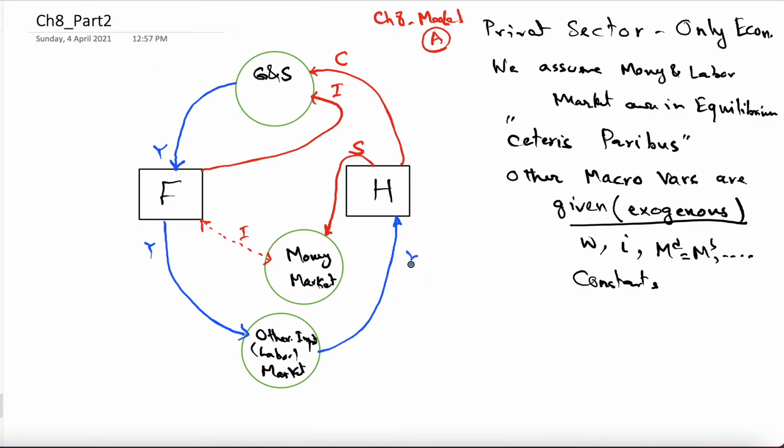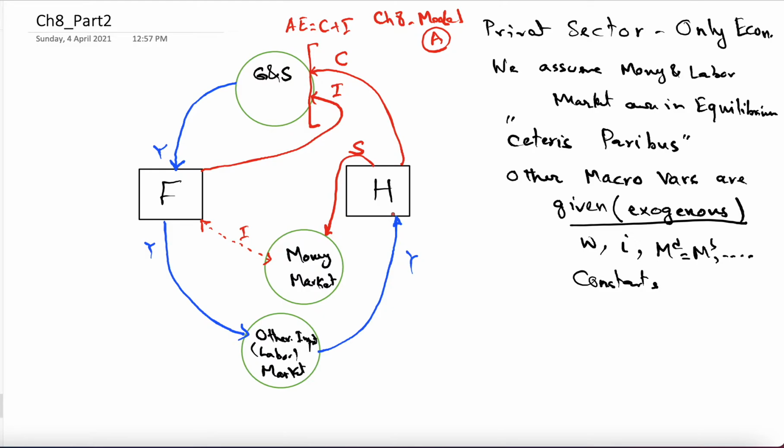There is no tax, no government spending, no import, no export. So the aggregate expenditure of this economy, the total spending, is either spent by the households or by the firms. Together, aggregate expenditure is equal to C plus I, and in equilibrium this is equal to Y. The aggregate output Y becomes aggregate income, paid entirely to the families.